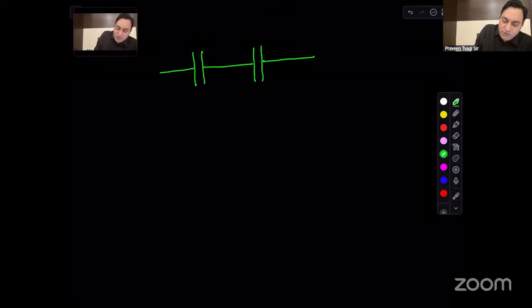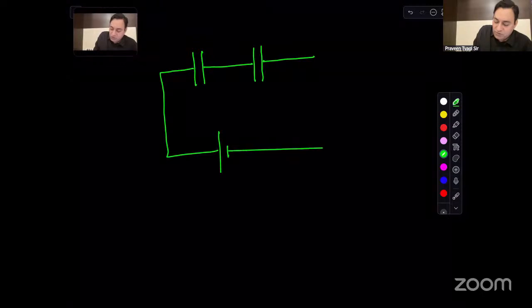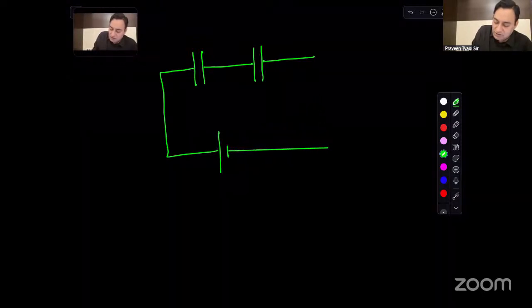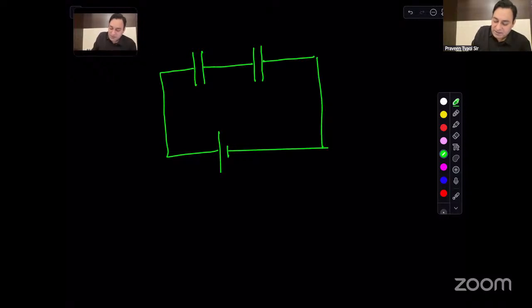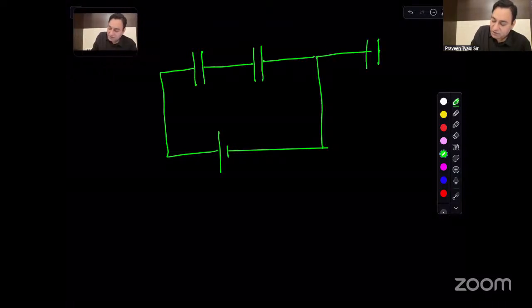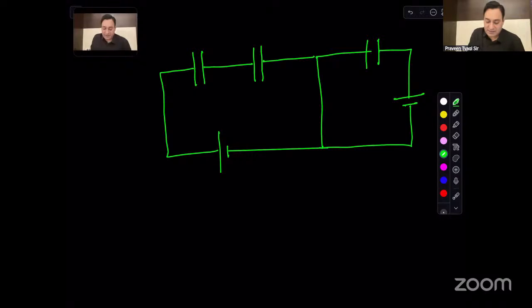And now this is a battery, and I want you to find the total charge on each. You don't need to know any results about series parallel. Now, this is 10 volt, this is 20 volt.